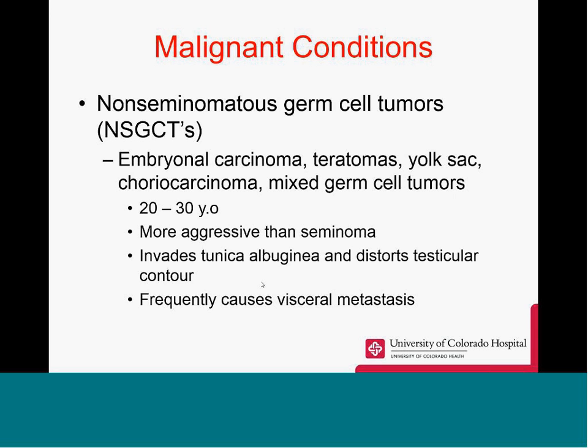And this is a frequent cause of visceral metastasis. Mixed germ cell tumors are the most common non-seminomatous germ cell tumor and the second most common testicular malignancy after seminoma. They contain non-seminomatous germ cell elements in various combinations. Seminomatous elements may be present, but do not influence the prognosis.